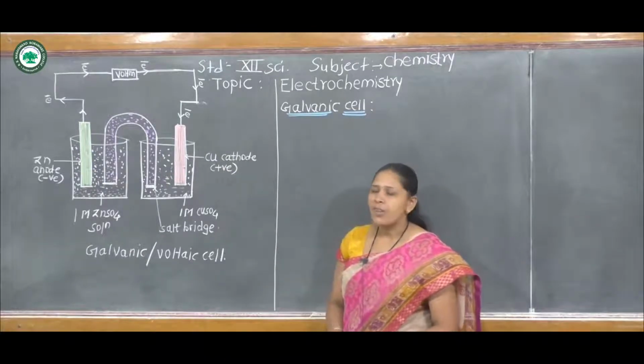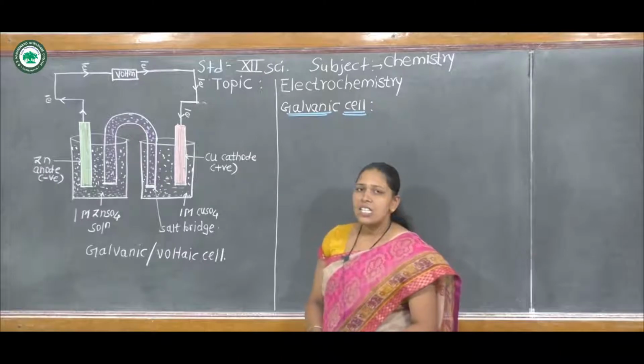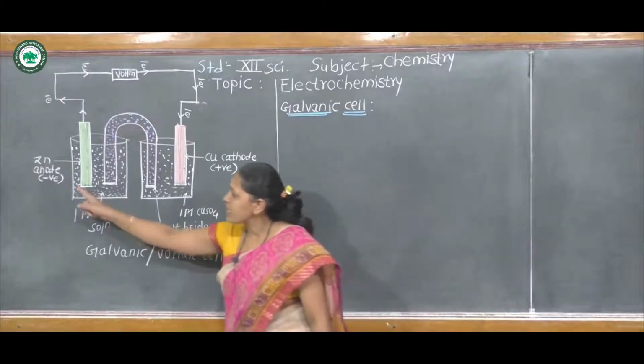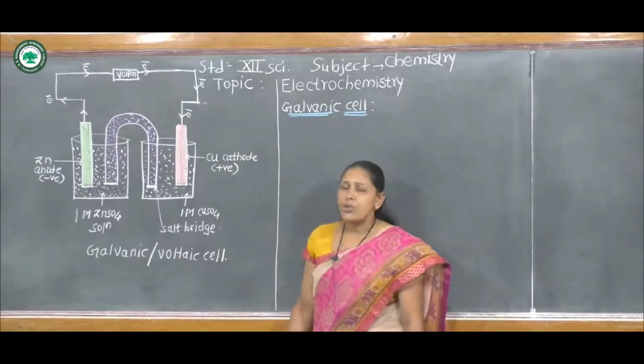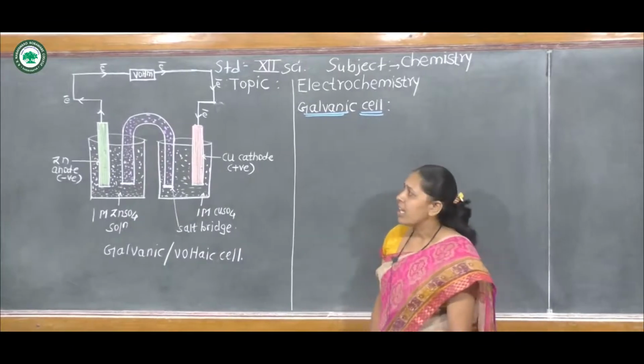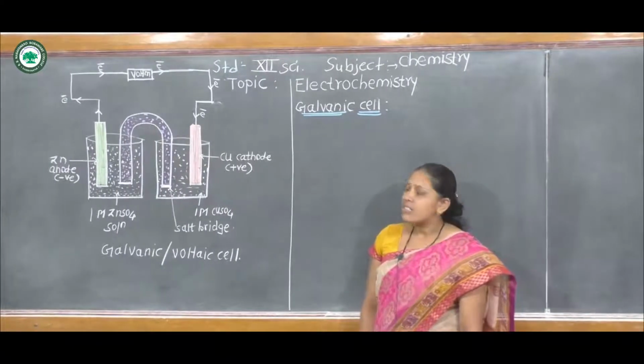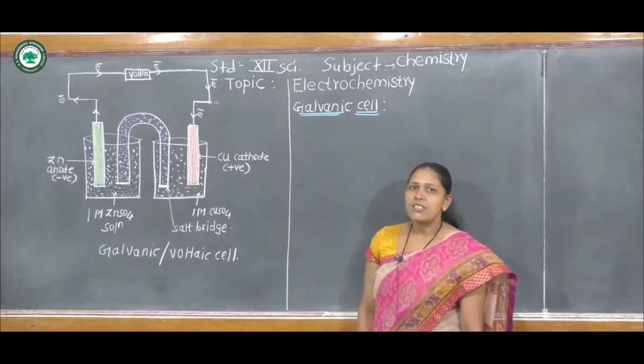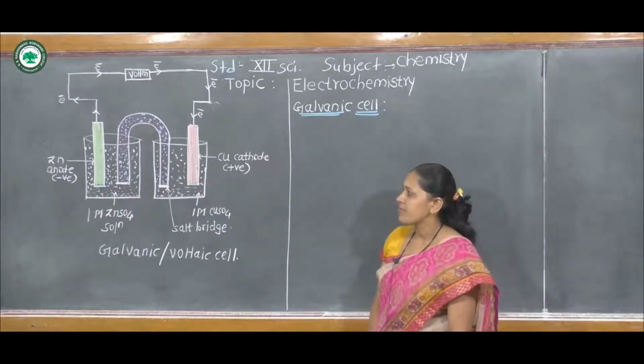Look here at the representation of a galvanic cell. In this cell, the anode is negative and the cathode is positive, and it consists of two half cells.